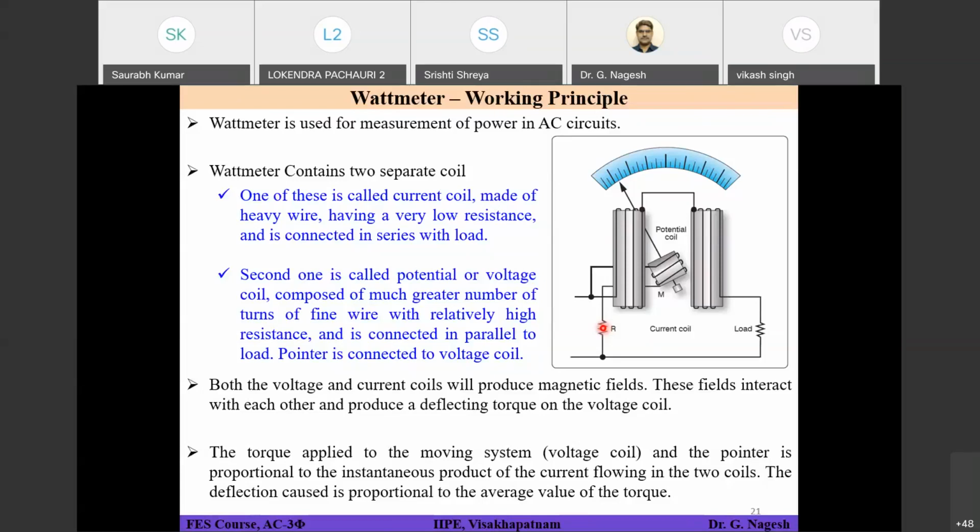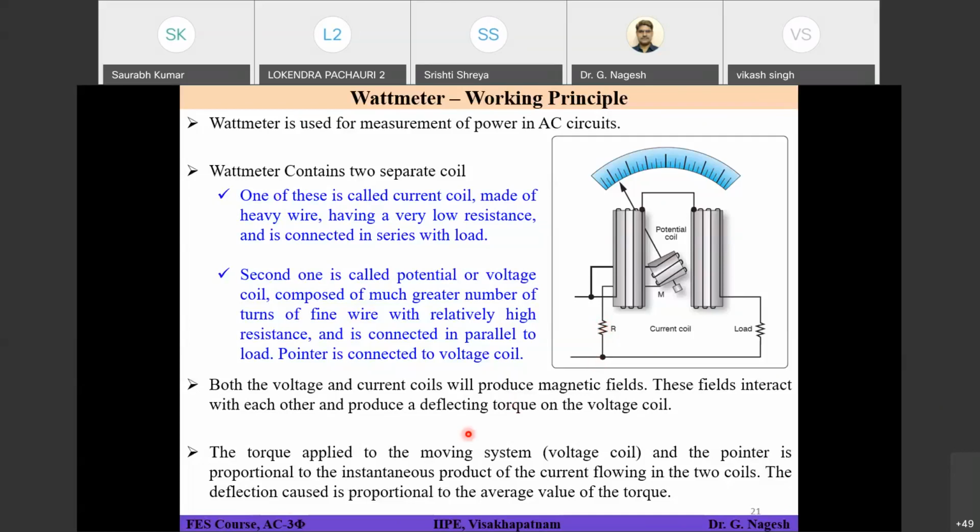Some kind of needle they will use, and mostly it will be a non-magnetic material that does not generate flux, so that flux interaction will not create an error in the needle. The pointer is similar to a watch needle. It's basically a thin, lightweight needle, that's all.